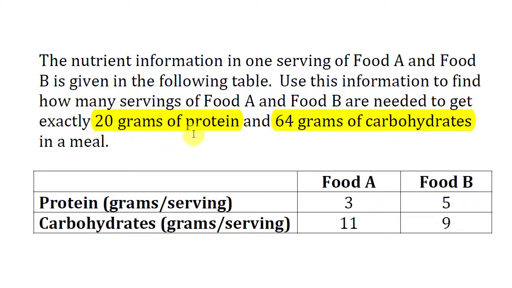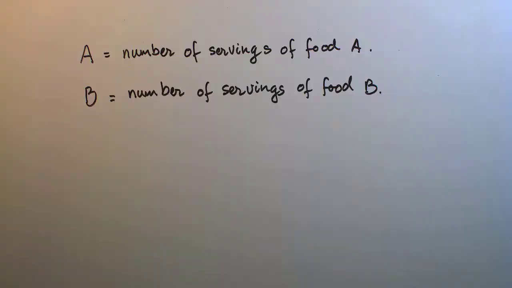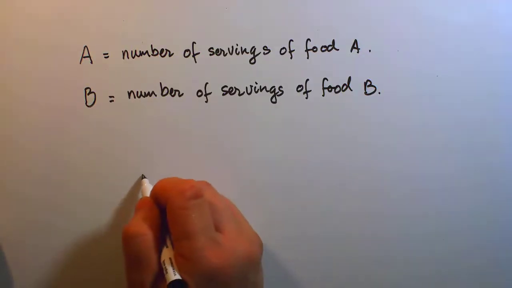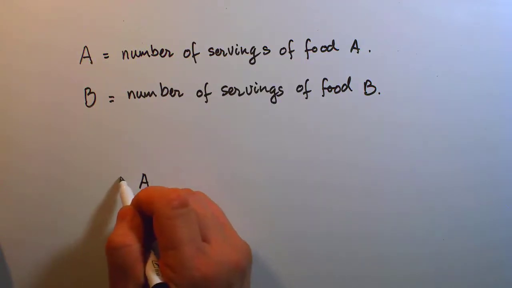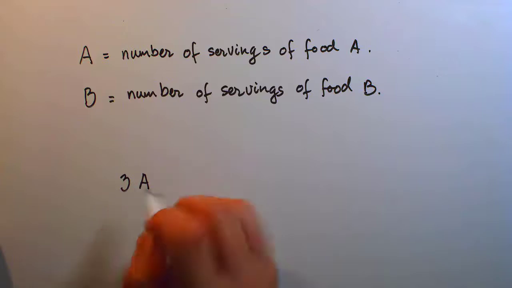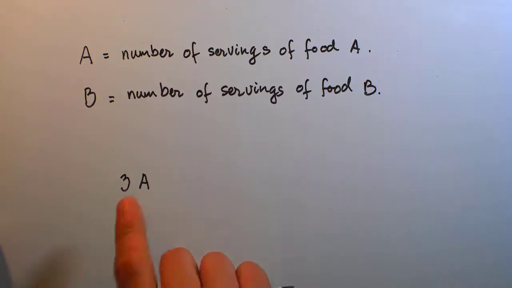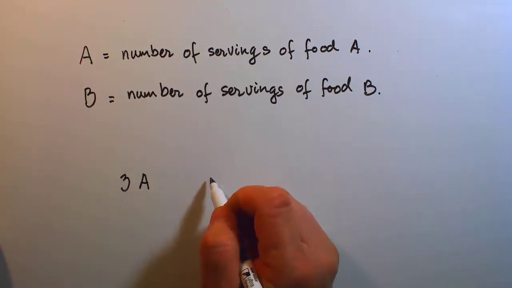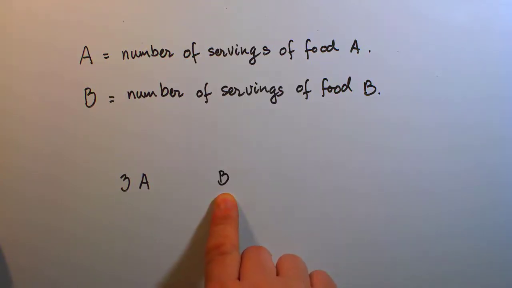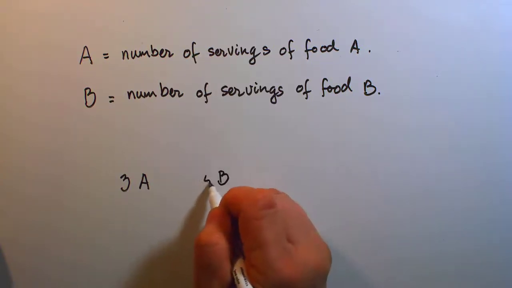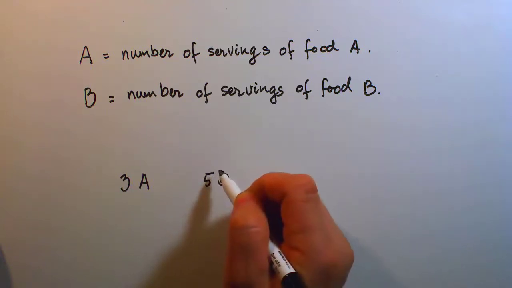Having exactly 20 grams of protein means A servings of food A, which contains 3 grams per serving, total up together with B servings of food B at 5 grams of protein per serving.